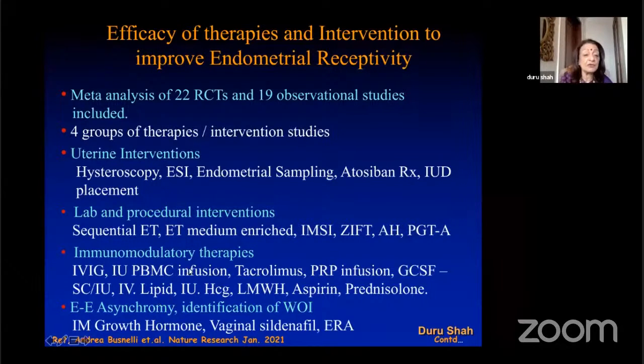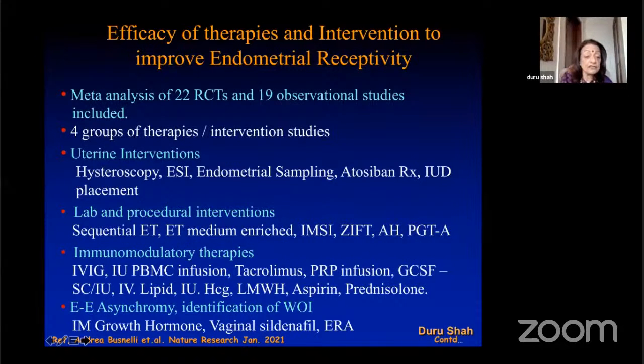The third was the immunomodulatory therapies, which consist of all these which I've talked about before, and the asynchrony identified by window of implantation through the ERA test, using intramuscular growth hormone, vaginal sildenafil, and ERA.